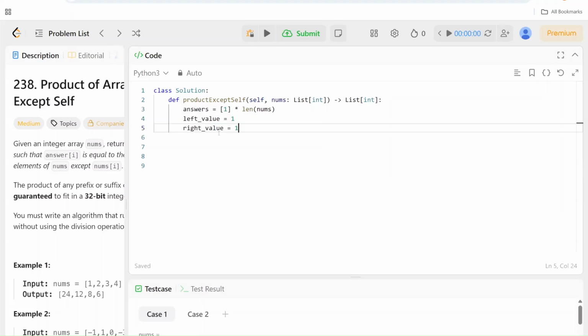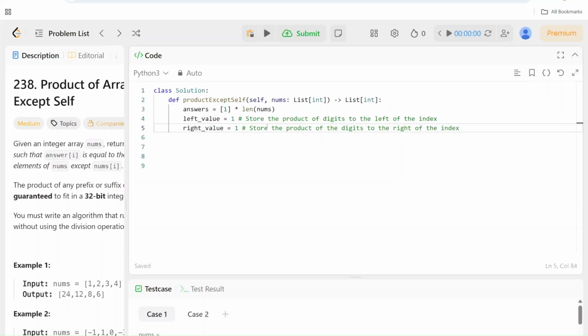Now these left and right values, what they will do is they will store the product of digits to the left of the index that we are evaluating, and this will store the product of the digits to the right of the index.